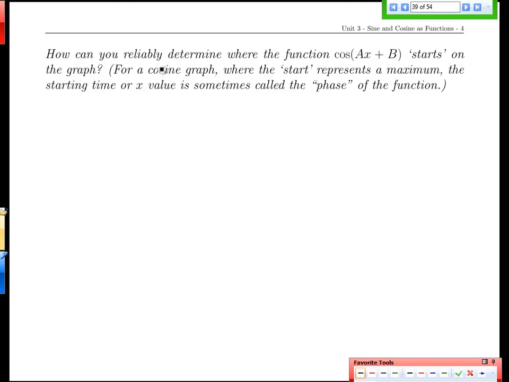Last thing is to look at the idea of phase. So if we're talking about shifts, and we talk about the graph of cosine again, we might want the graph to start later. And we might want it to start at some later time b. Let's take a look at this cos of ax plus b and ask, where is this peak going to happen?